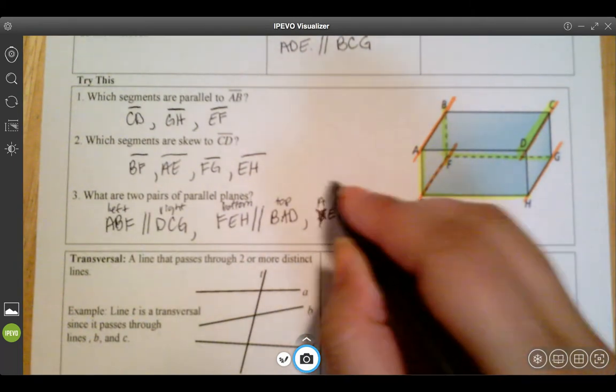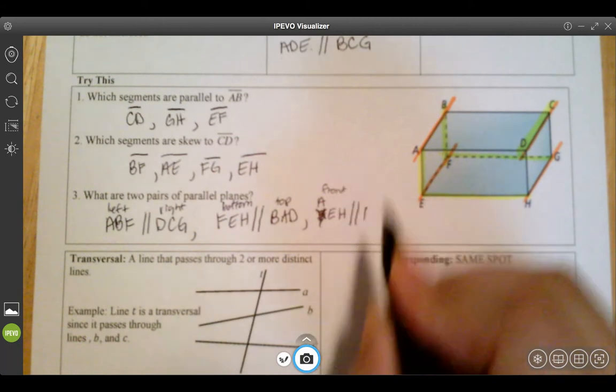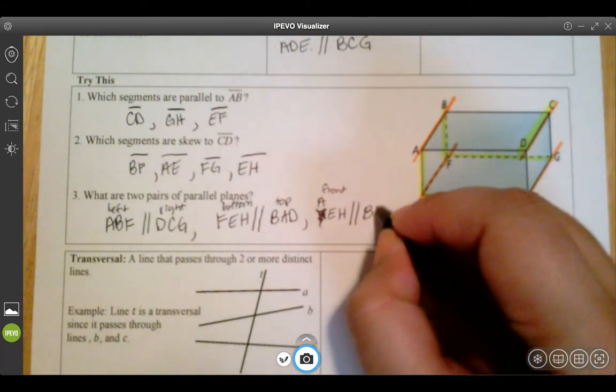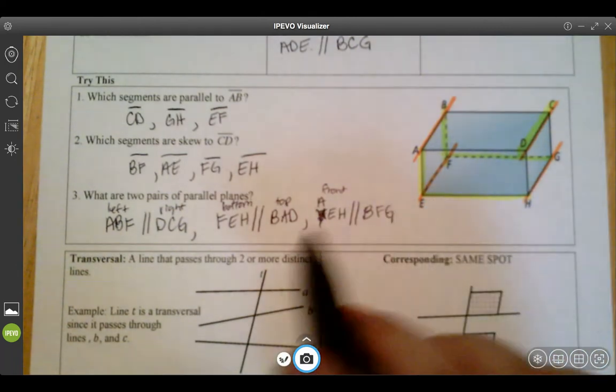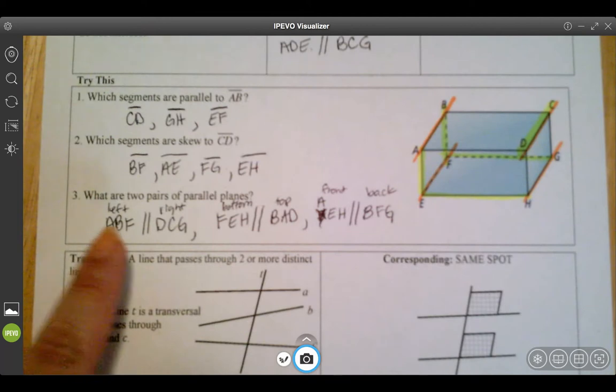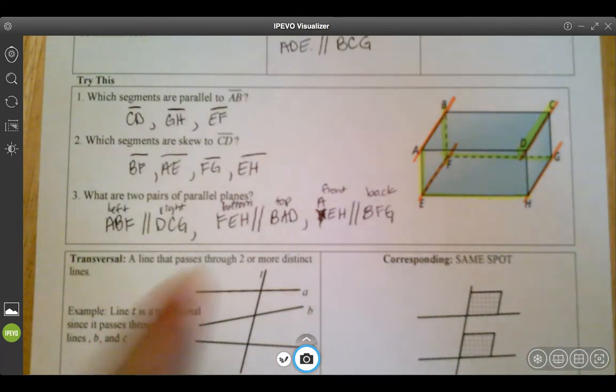AEH is the front, and the back would be BFG. Almost did top and bottom twice, front and back. Okay, so we've got left and right make a parallel pair, the bottom and top make a parallel pair, and then the front and back make a parallel pair.